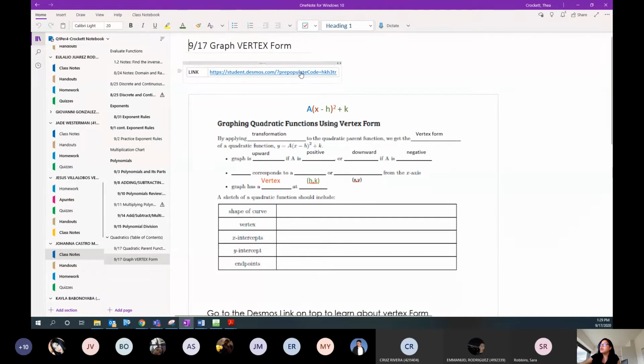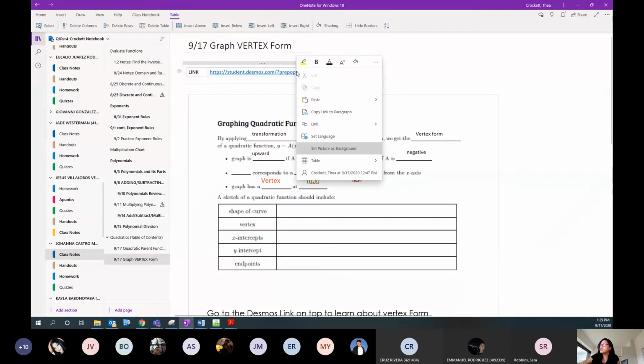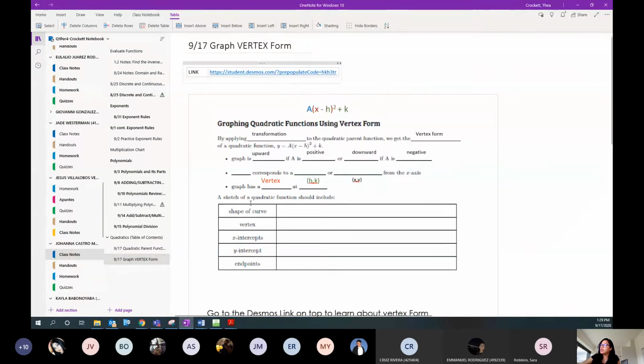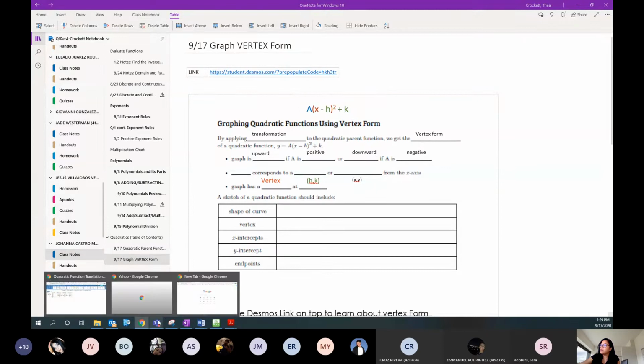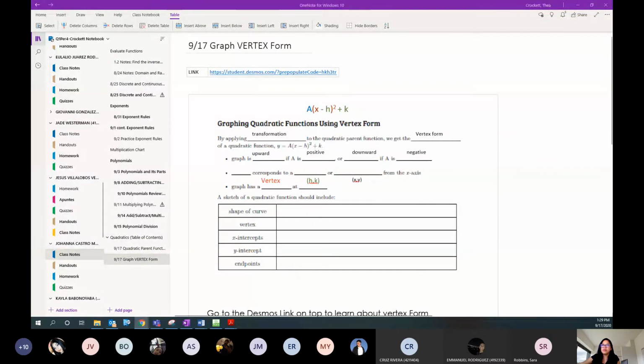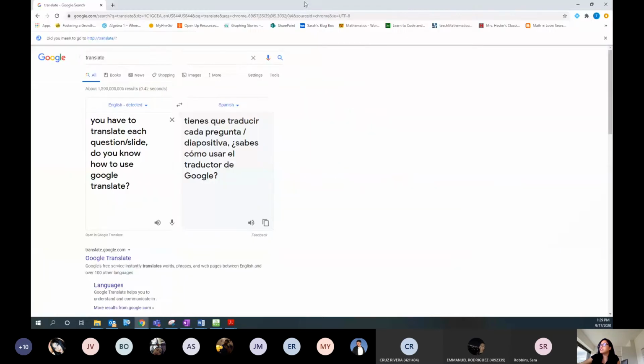Okay, to do this, you just right click, look for the link, and then open the link. Or if it opens on the Edge, just copy the link and then open a Chrome and then paste.